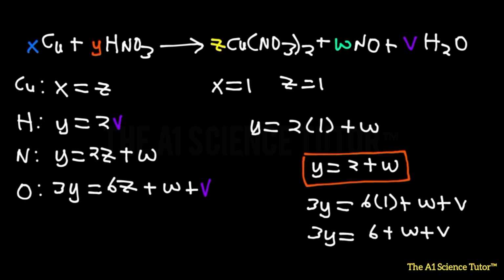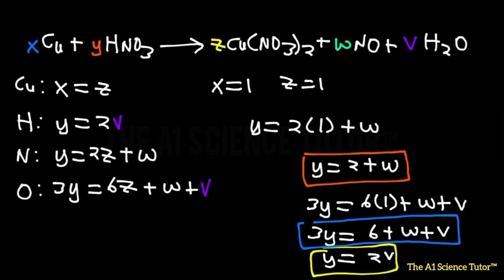Okay. Now for the third one, we have Y is equal to 2V. So these are actually the three equations you would need. You have Y is equal to 2 plus W, and then here you have 3Y is equal to 6 plus W plus V. Now remember, in order to find out the value for three variables, you need three equations, right?